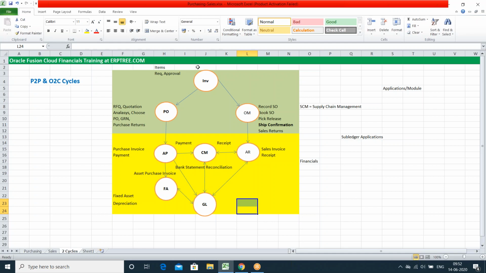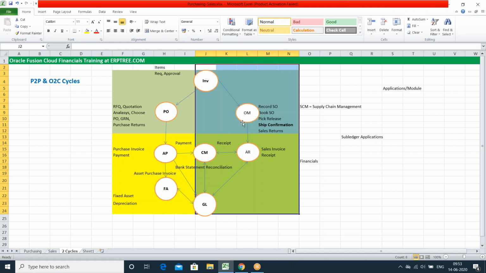When I talk about the receivables O2C cycle, order management is nothing but the sales department. We use OM, Oracle Fusion Order Management. In OM, we record the sales orders, and we do the booking based on stock availability within inventory. Whenever there is a movement of the item from subinventory to staging, within the OM we record the pick release. Whenever inventory ships the material to the customer, we track that as a ship confirmation, and any sales returns we record as sales returns.